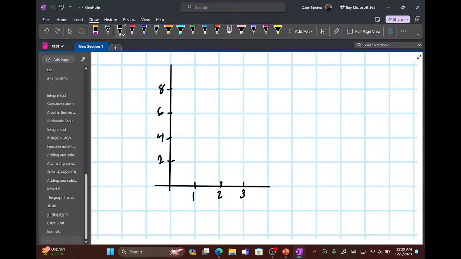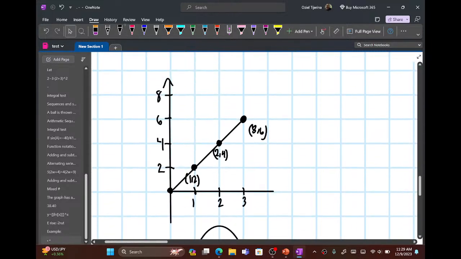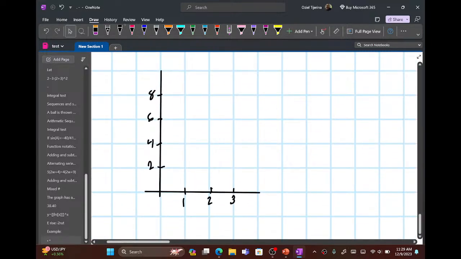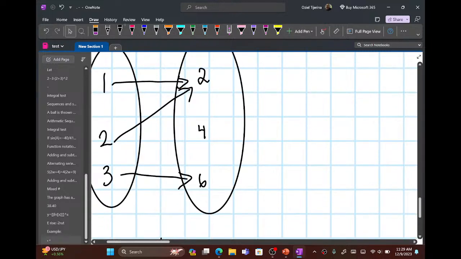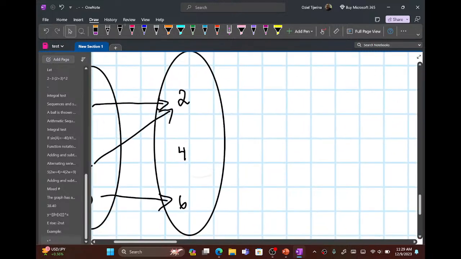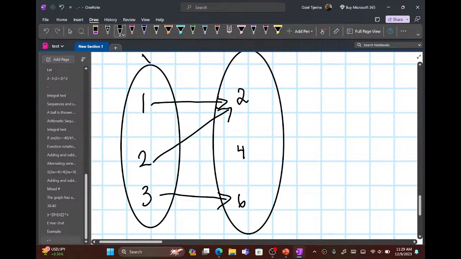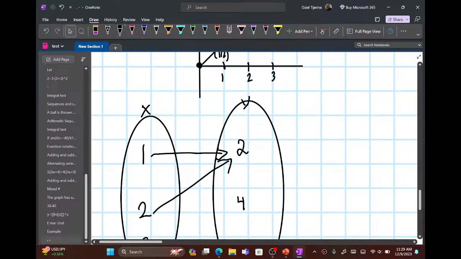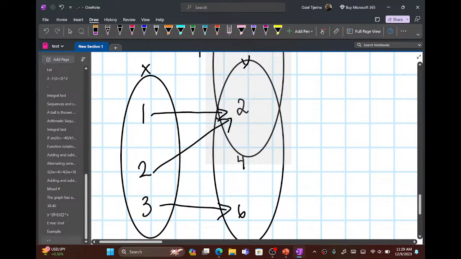So for this one, let's say I know that the following coordinates are true, right?